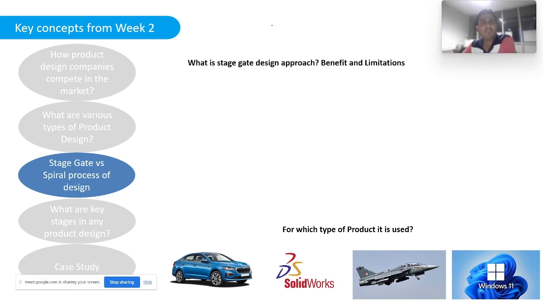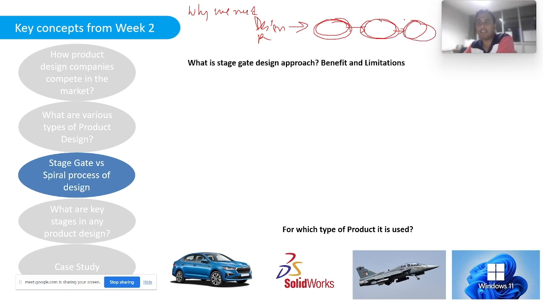So, why do we use design processes? Okay. Design processes help us do things in a more systematic way, so that failure can be limited. So, one reason is if you follow some known, predefined path which was successful in the past.